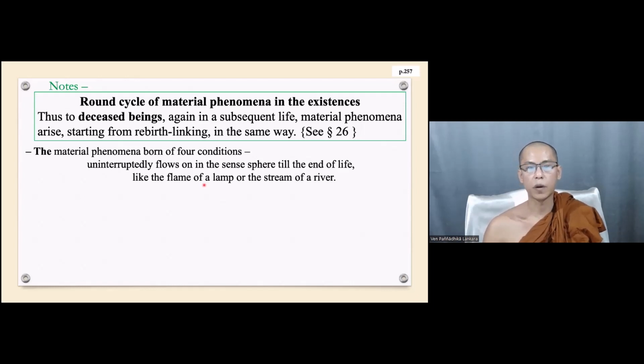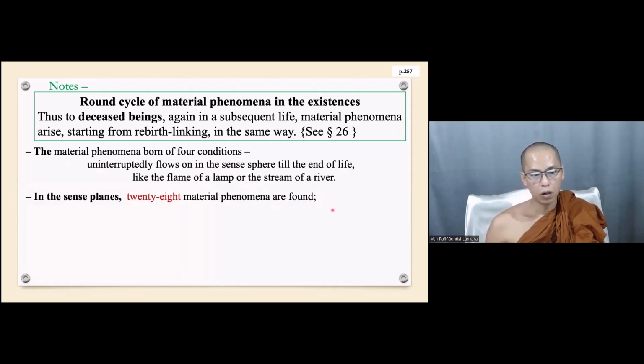The process is very fast, so we think that the body is existent. Actually, the body is not; our body is a process of materiality. Another example is the stream of a river, the water in the river. In this way, we can understand the continuum of material phenomena in life, in the sense sphere.